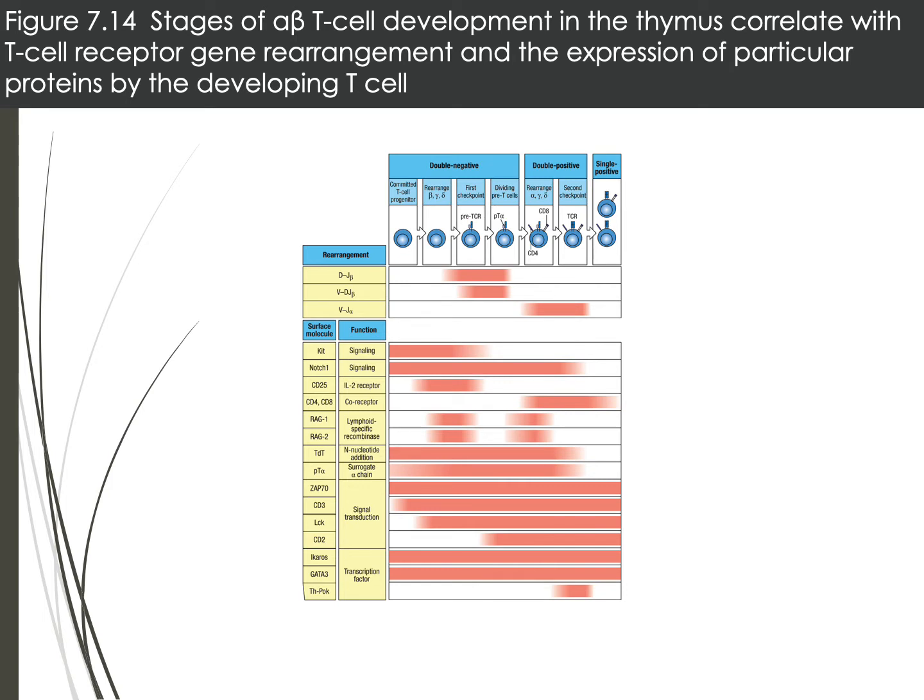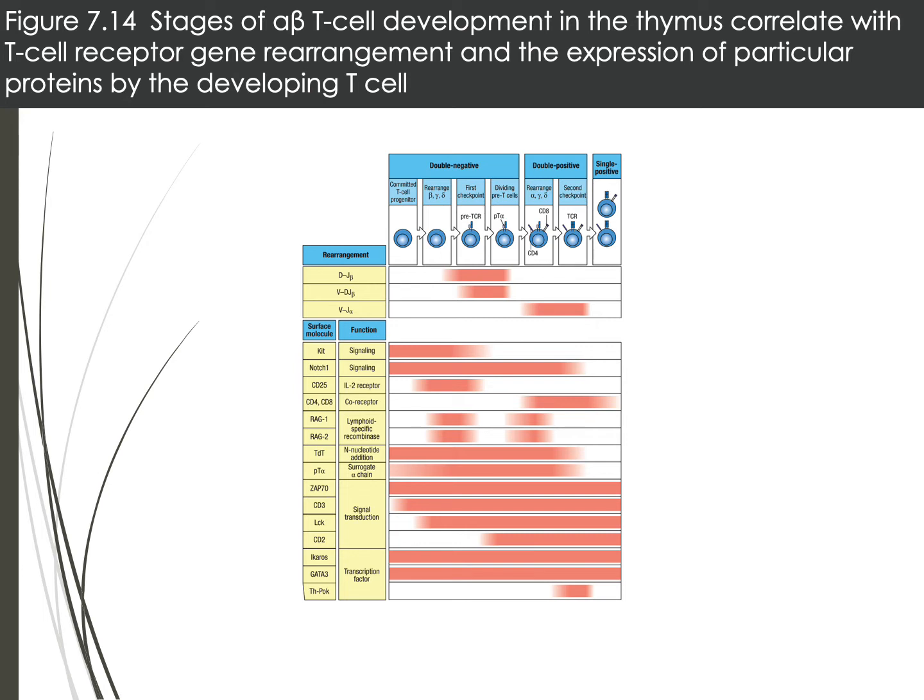So just like with B cells, they're going to change expression of proteins to reflect the processes that they are undergoing during the different stages. You can see here in this figure, we have our double negative T cells that are developing their pre-T cell receptor. In order for that to happen, we have to have expression of RAG1 and RAG2, right? So recombination events can occur.